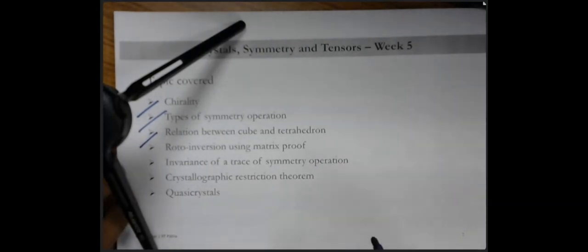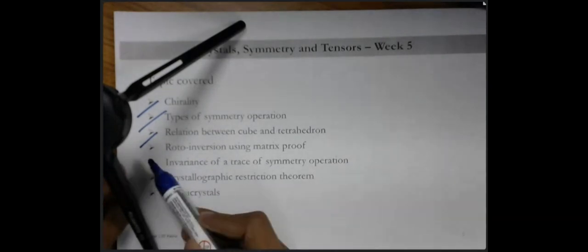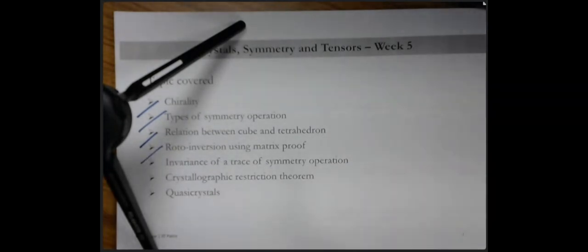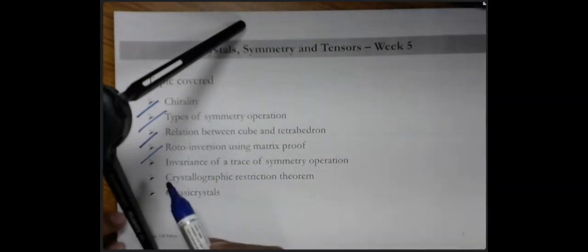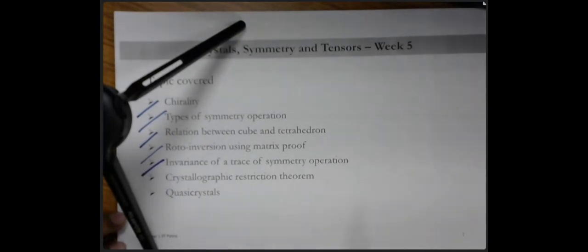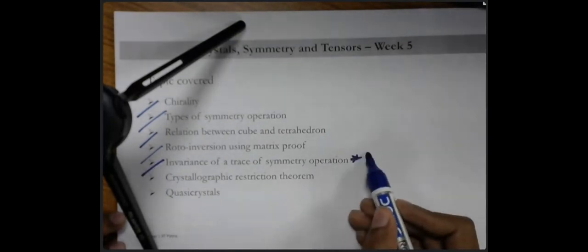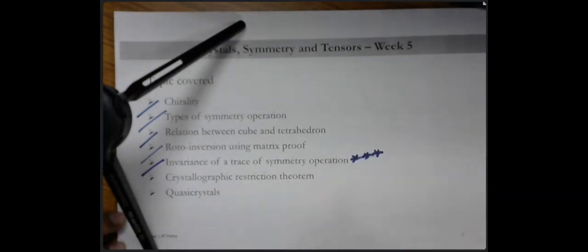After that, roto-inversion and how one can prove it using matrix multiplication, the symmetry transformation matrix. Then there was the invariance of the trace, which is very useful while dealing with rotational symmetry specifically.